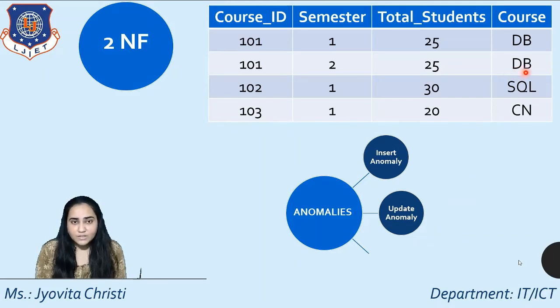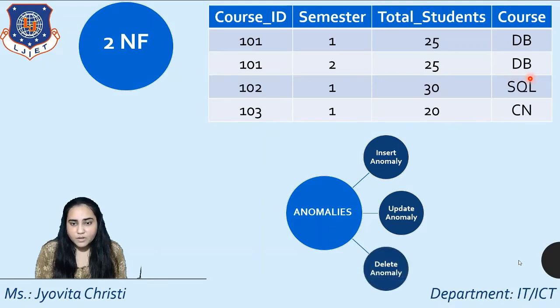And in a real world scenario where you have so many rows, you would have to make that same change several times, not just twice. So this is the update anomaly. If you want to change something in the table, then because of the redundancies, you have to make that change several times in the table.